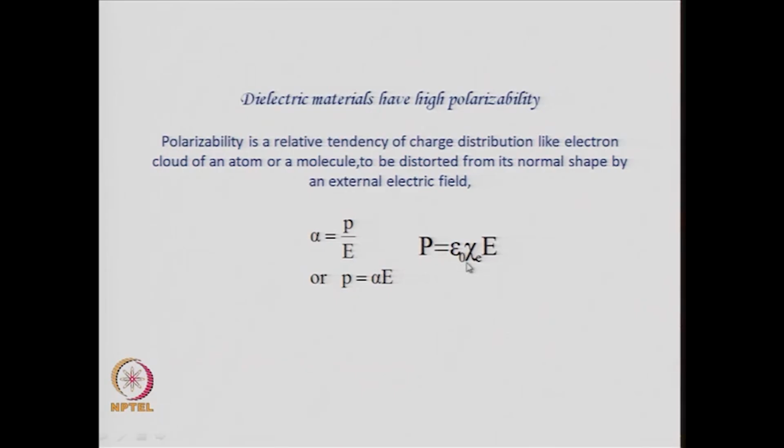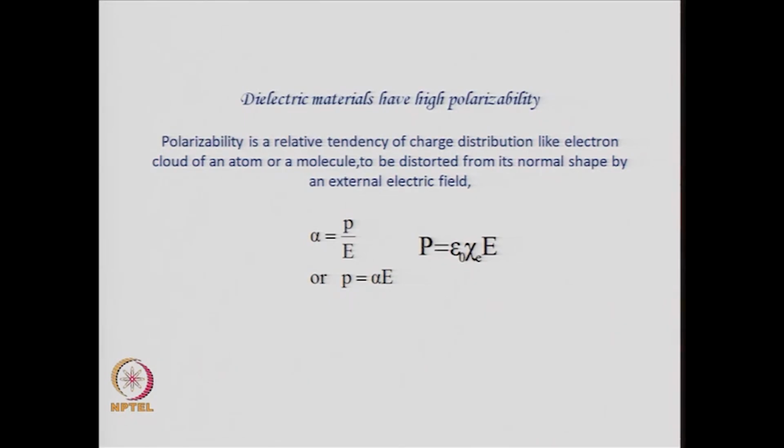Epsilon naught is again the permittivity of free space, and chi is called the electric susceptibility, and the polarization is directly proportional to the electric field. The polarizability is directly proportional to the electric field also, because small p is related to capital P. So, both are directly related to the electric field, but the constant here is polarizability, and the constant there is the permittivity multiplied by the electric susceptibility.